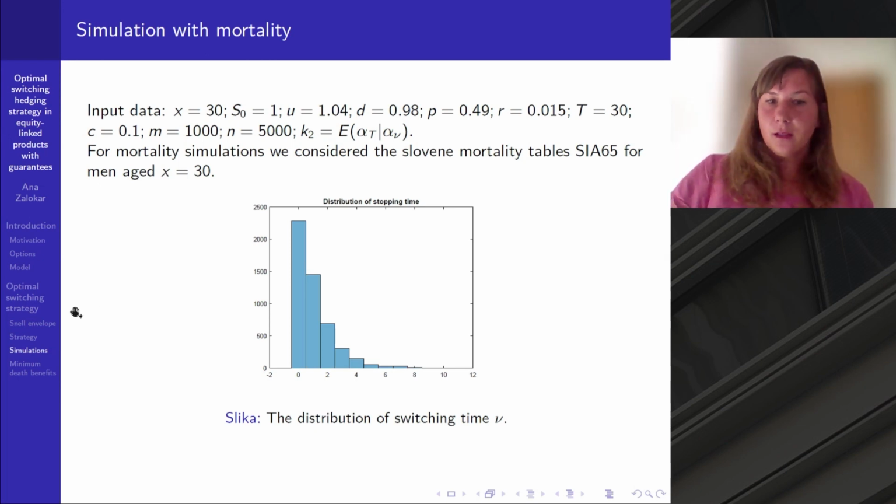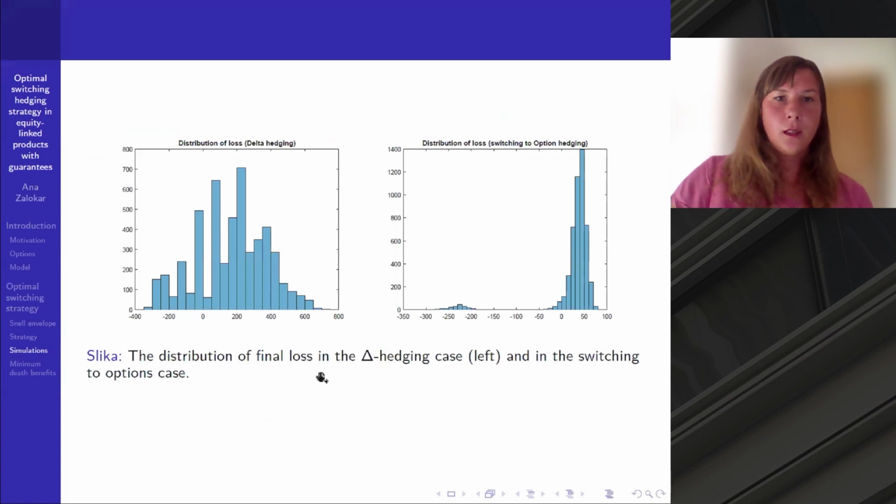There are different stopping times here, still all quite near to the start of the policy, but they differ in different simulations. And these are the final losses for both cases. The left one is delta hedging, and the right one is our approach, switching to option hedging, and you can see that the results are considerably better with our switching.